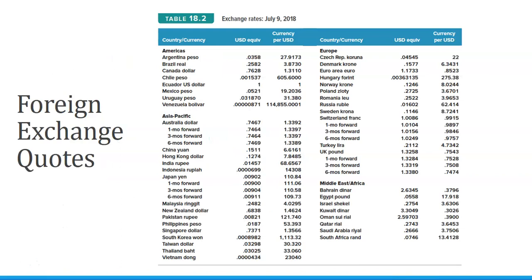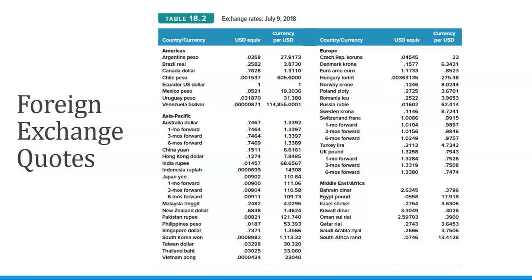So this is an example of foreign exchange quotes. These are dated July 9th, 2018. This is Table 18.2 that's being referred to in the homework questions. As I said in the directions for the homework, you can use this table, or you can look at today's foreign exchange rates and use the current rates.